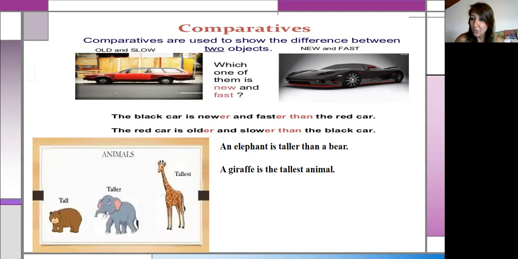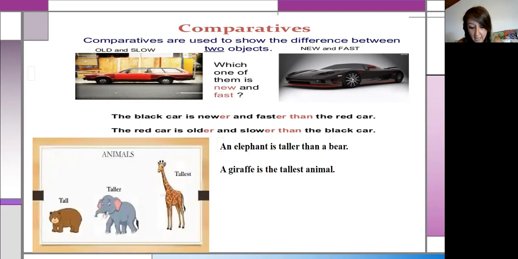Eileen, do you have a sister or brother? Okay, you have a sister, and she's older or younger? She's older. How can you say to compare you and your sister? Yes, that's right. My sister is older than me, because your age and your sister's age are different.